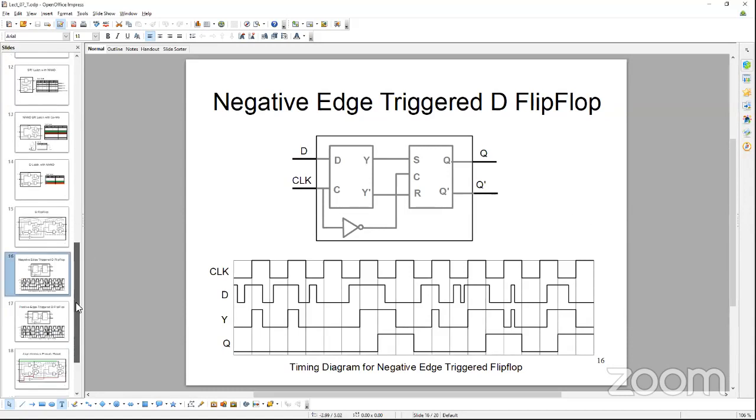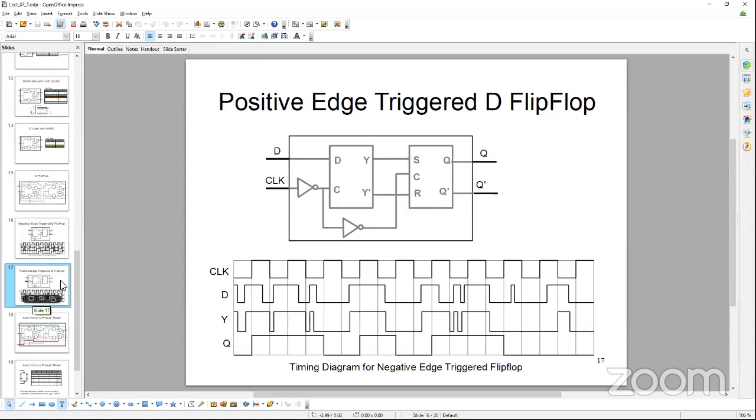Okay, so it's the same thing you do for the positive. Here, if you follow the diagram, it's basically nothing but inversion of the clock, the other way around, where your D latch is storing the incoming value on the negative logic of the clock, and the SR latch is registering or storing the incoming value from the Y at the higher logic, or logic 1, of the clock signal.